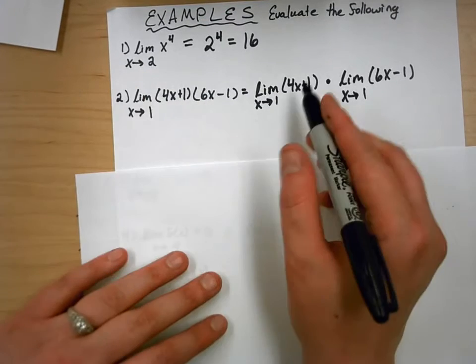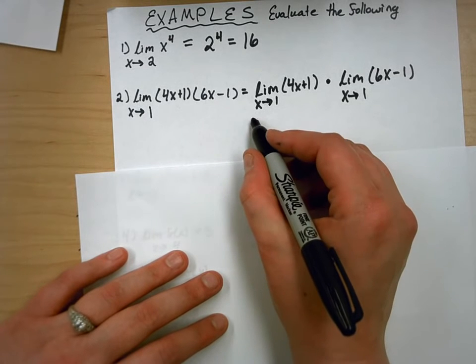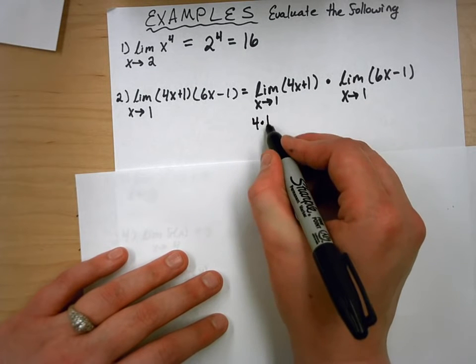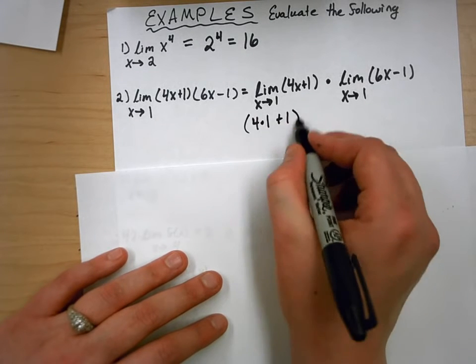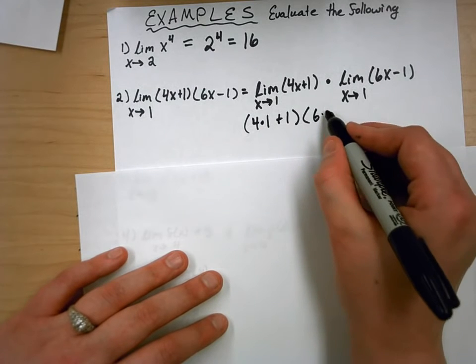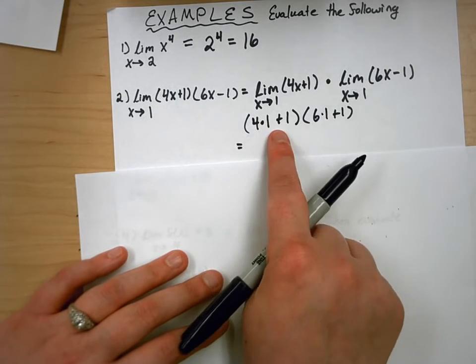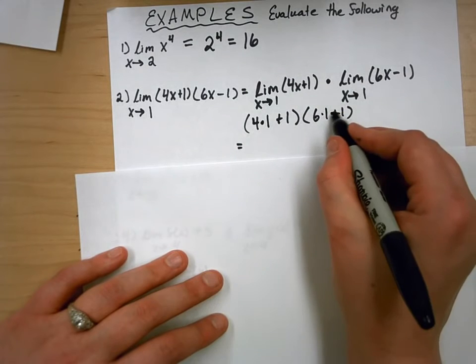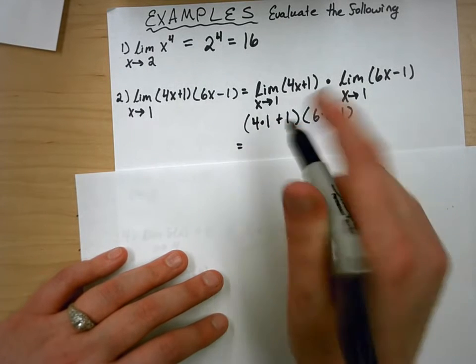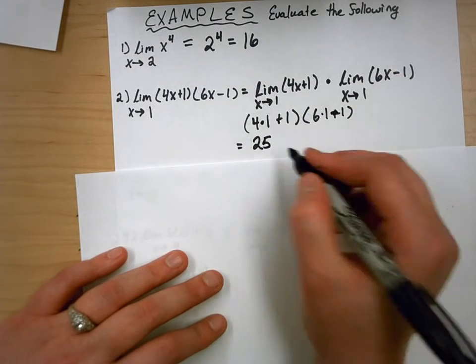So this would become 4 times 1 plus 1 times 6 times 1 minus 1. Okay, so that'd be 5 times 5, so that's 25.